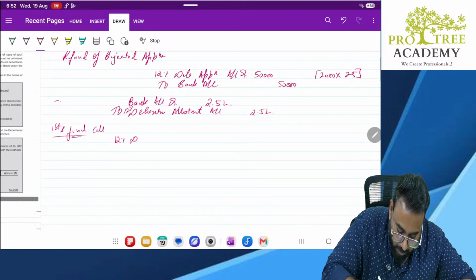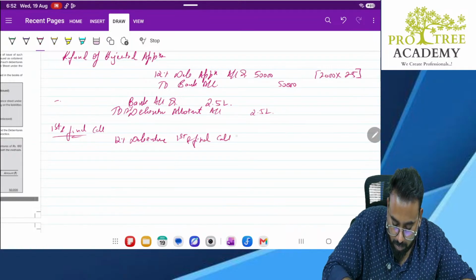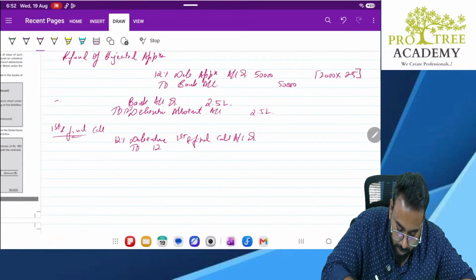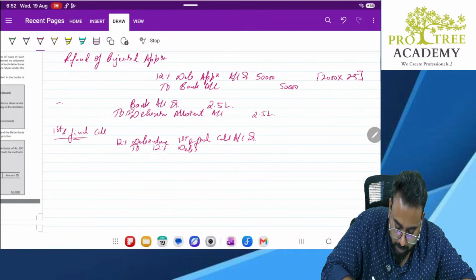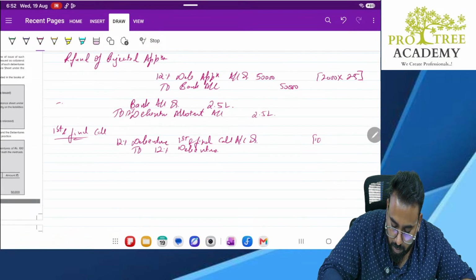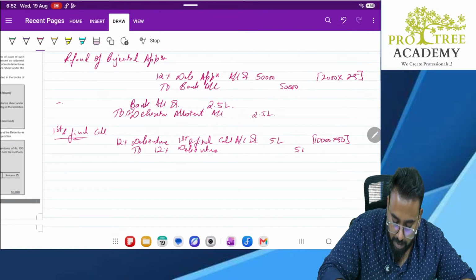12% debenture first and final call account debit to 12% debentures. How much? 50, correct? 10,000 into 50, 5 lakhs.